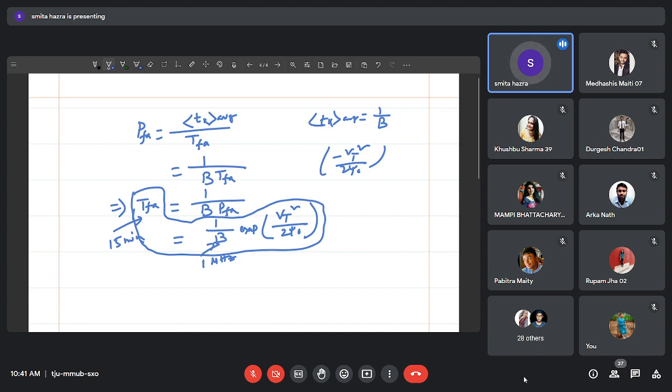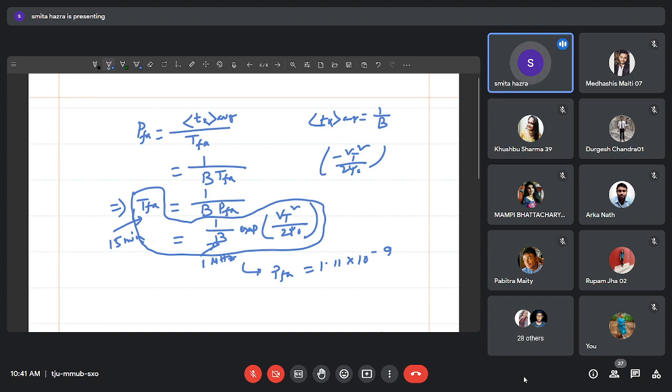Then if we substitute TFA as 15 minutes and B as 1 megahertz, the PFA value we get is 1.11 times 10 to the power minus 9.